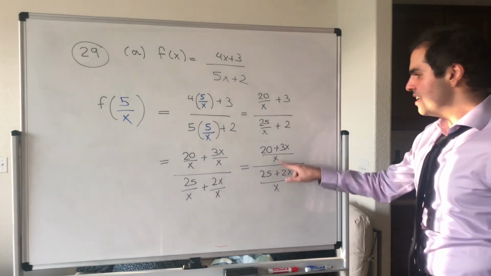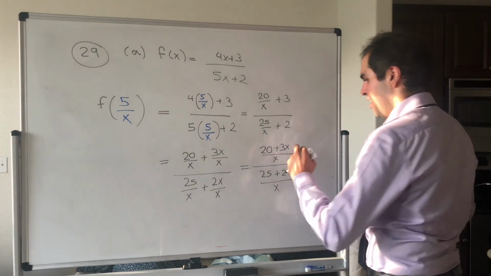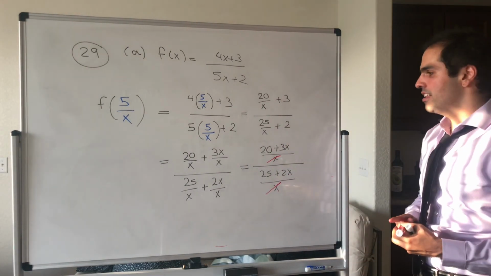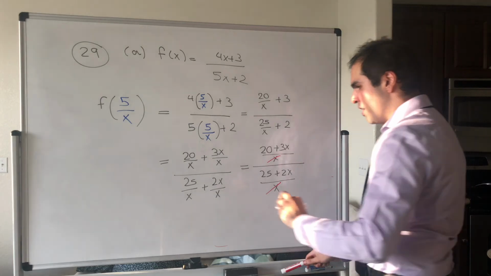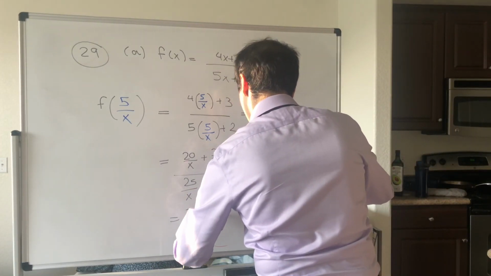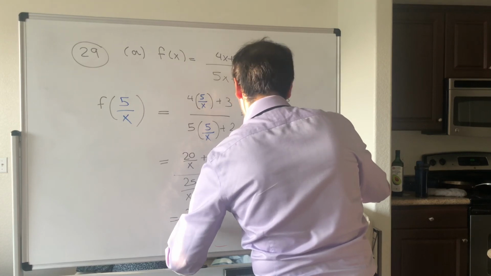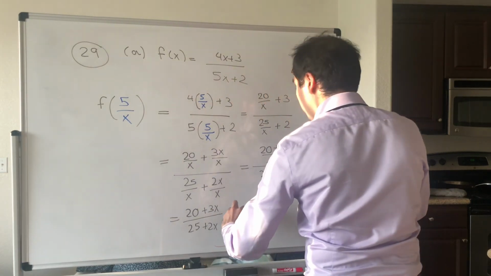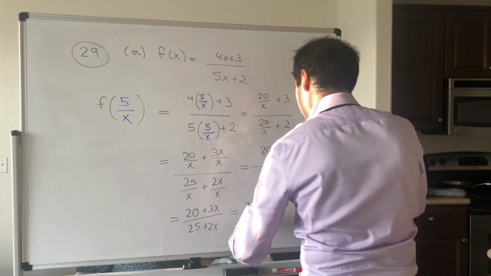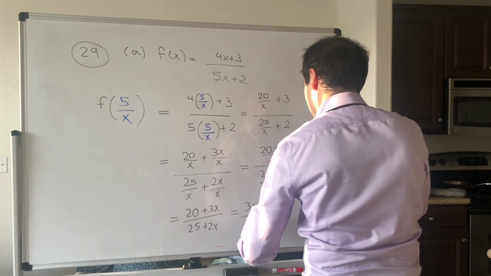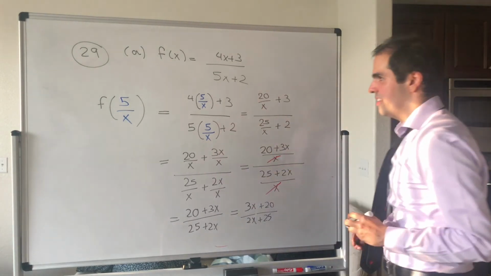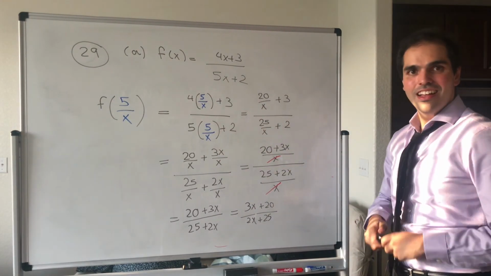The nice thing is that those x's you can cancel out, so you're left with 20 plus 3x over 25 plus 2x, which you can also write as 3x plus 20 over 2x plus 25. Both of them are valid.